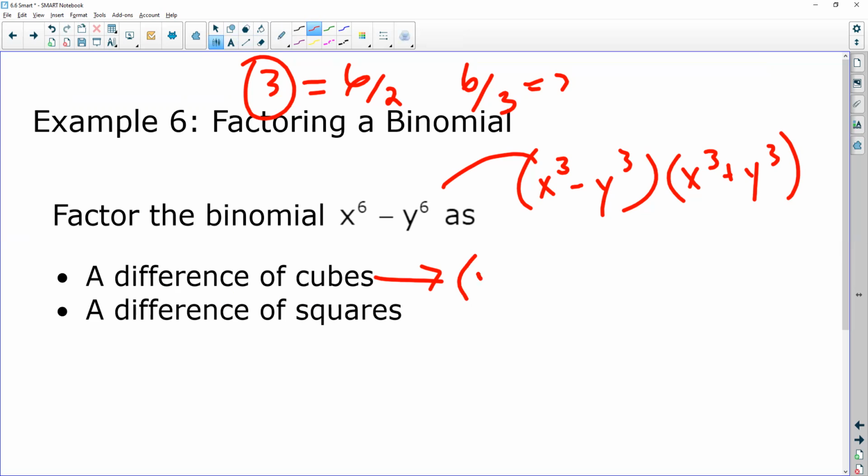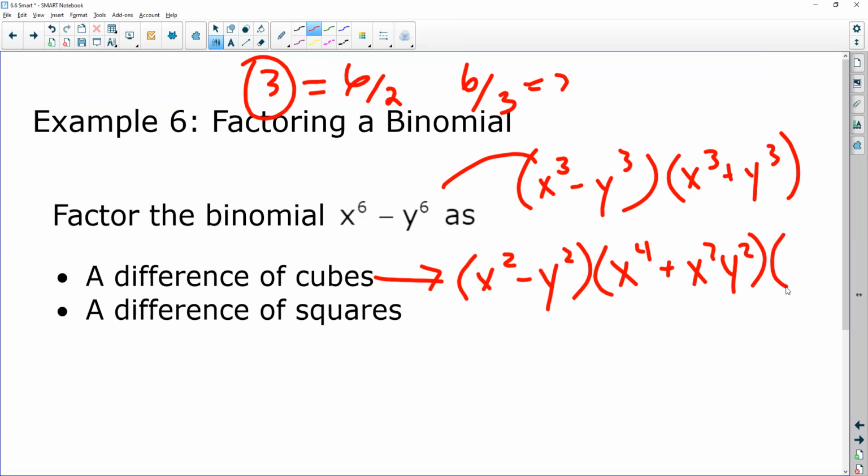So I'm going to do x squared minus y squared times x to the 4th plus x squared y squared plus y to the 4th. Okay, when I FOIL them back out, it's going to be the same. It's all going to work.